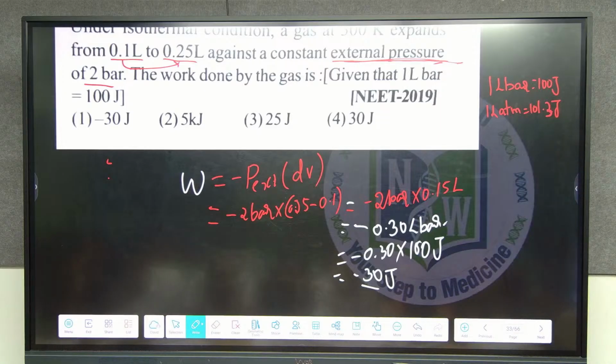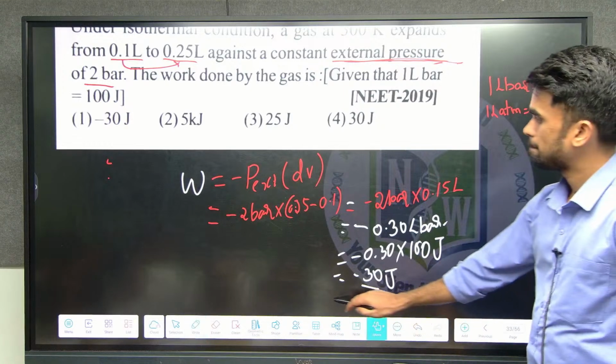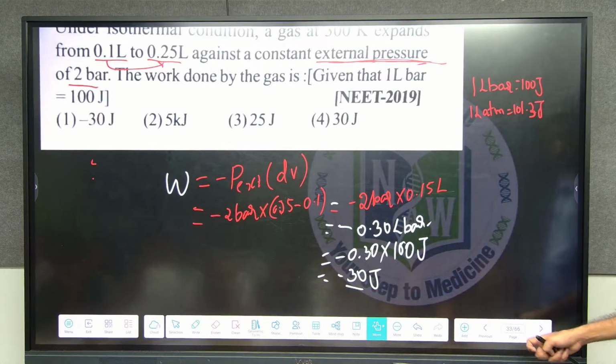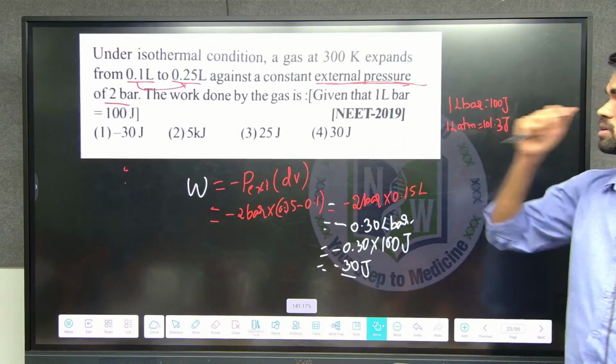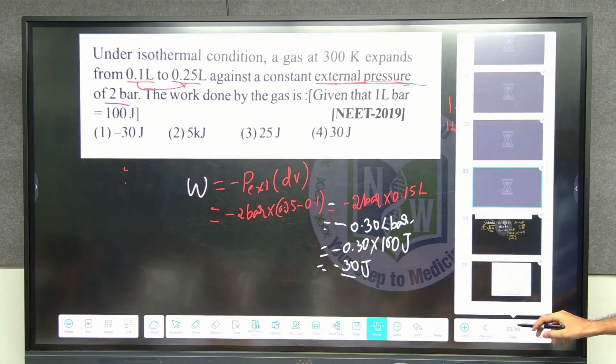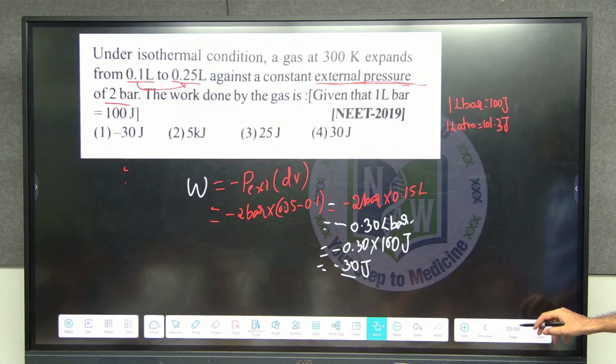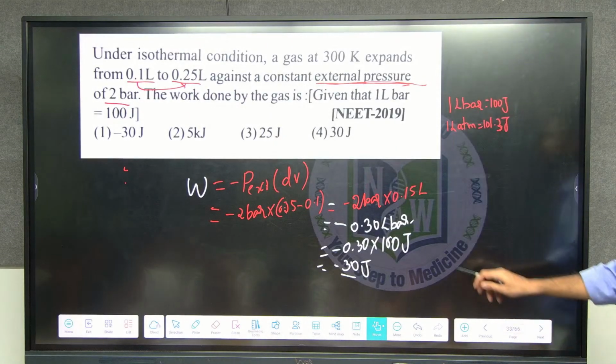Okay, 1 liter bar 100 joules, 1 liter atm 101.3 joules. Done up to here.